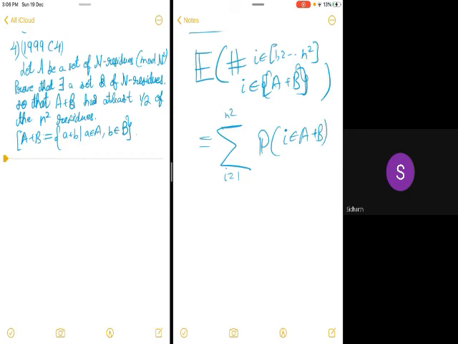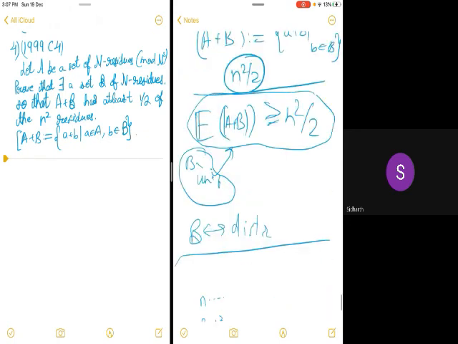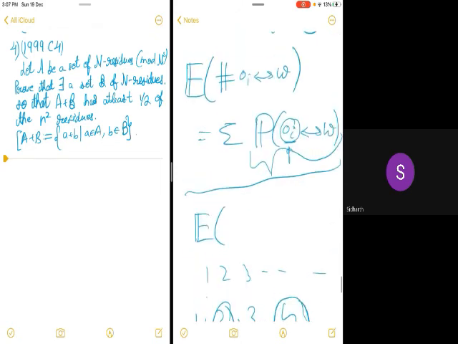Is this clear? You can prove this just by considering indicator functions and then following the same process as we derived for the n coin tosses.